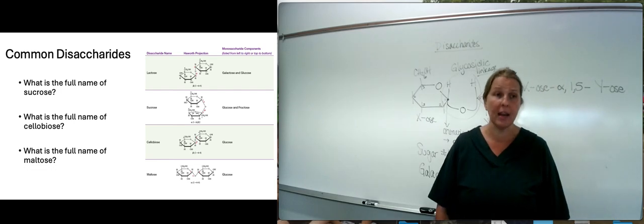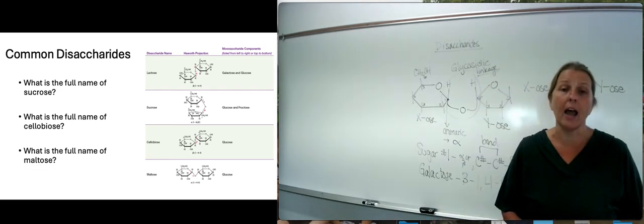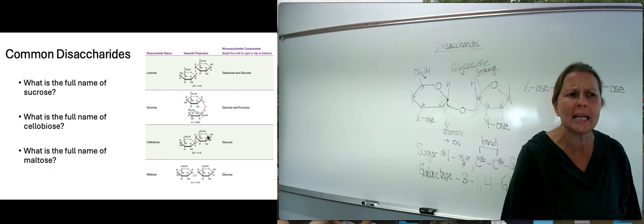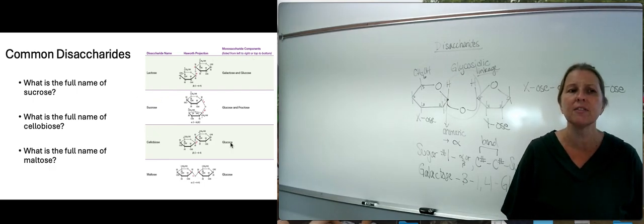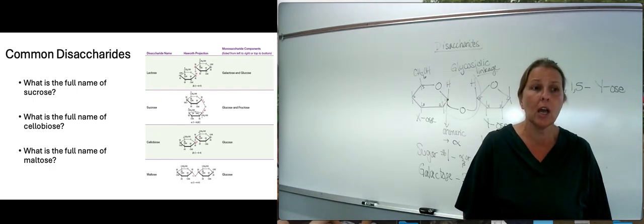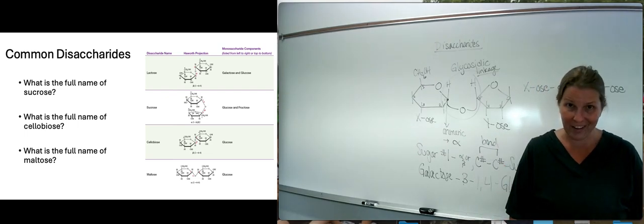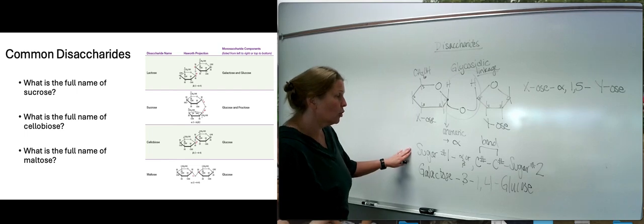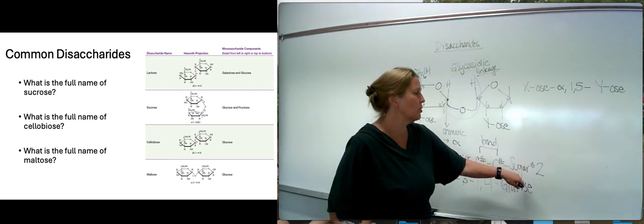So here are some common types of disaccharides from your book. Again, we just did lactose, but let's take a look at sucrose. So what would be the full name of sucrose? Well, it's a glucose and a fructose together. So let's take a look at how we would name this. Again, we always name sugar 1, alpha or beta, carbon numbers, sugar number 2.